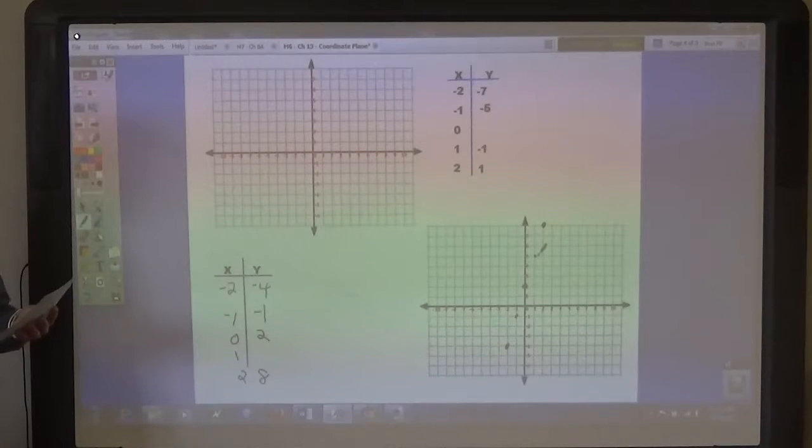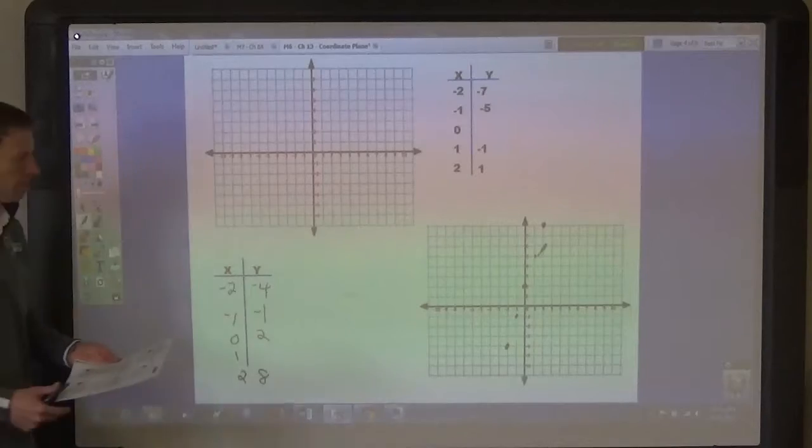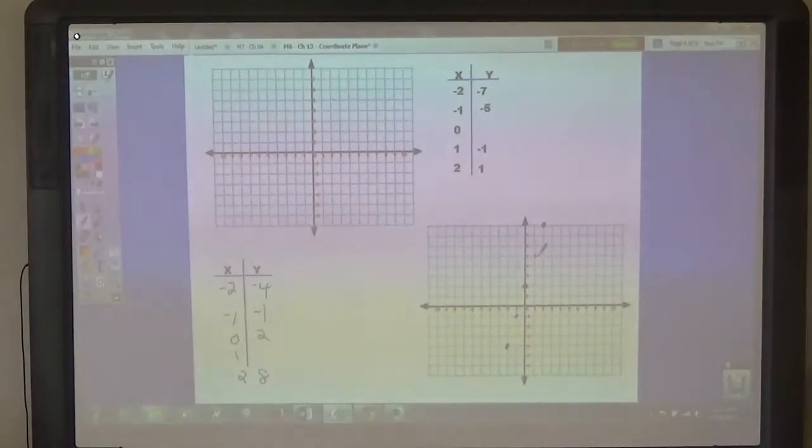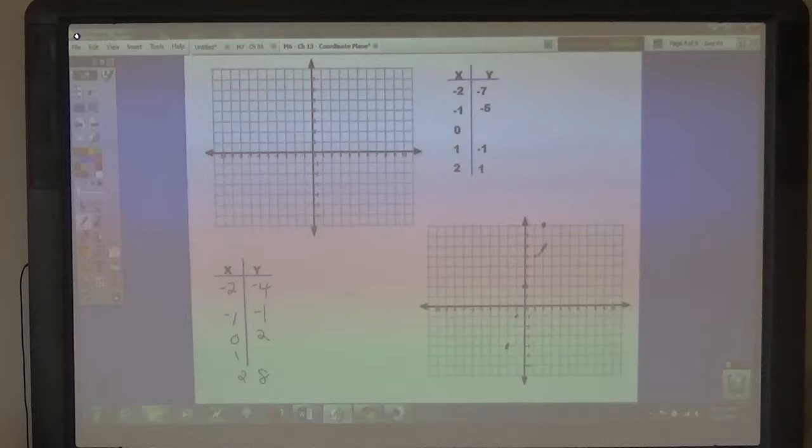The store gives 10 free gifts with each laptop it sells. Make a table relating sales of 1 to 5 laptops to the number of gifts given. And then, if you're able to, and this is an option, write an equation for this function, graph the data, and then figure out how many gifts the store gives when 7 laptops are sold.